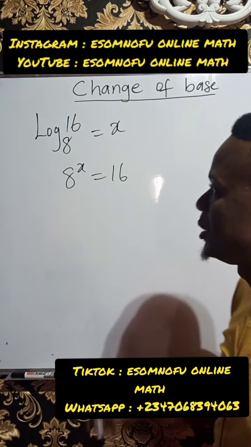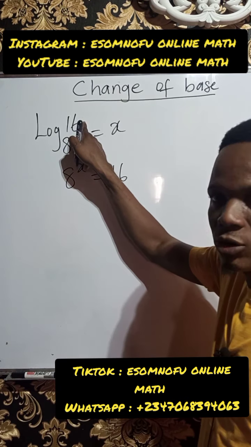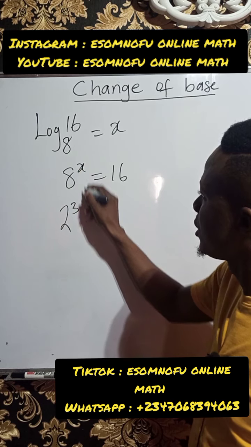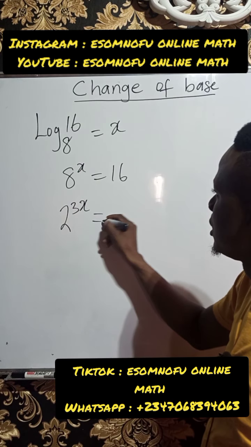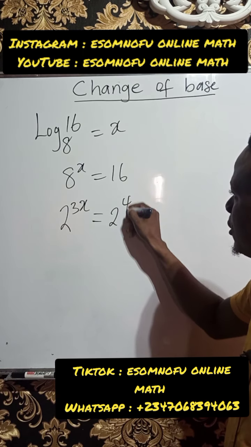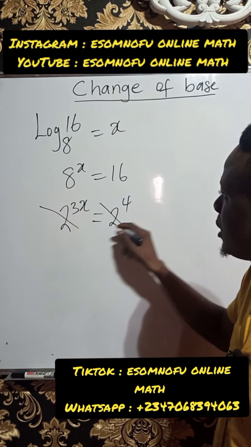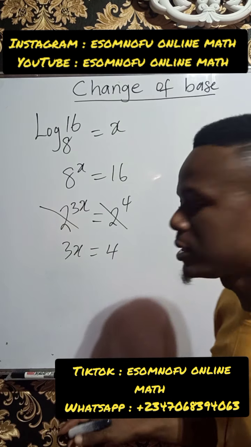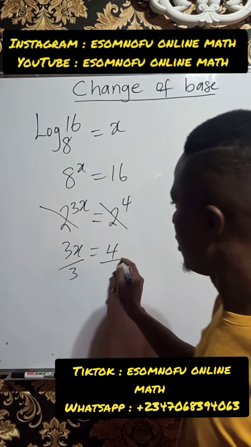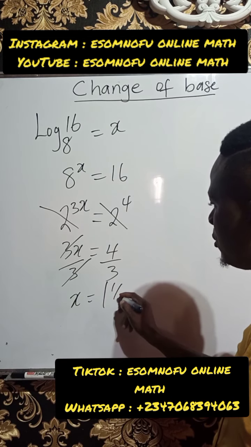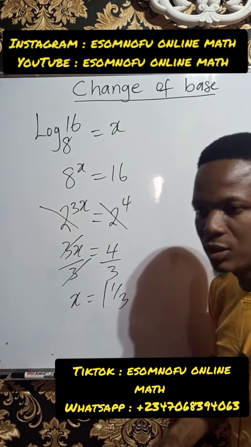That's the approach: the base to the power of this number equals 16. Then 8 can be seen as 2 power 3, and 16 can be seen as 2 power 4. So that the base 2 will cancel out to give 3x equals 4. Then to get x, I will divide both sides by 3. This cancels out, so x is one whole number and 1 over 3, and that is just the solution.